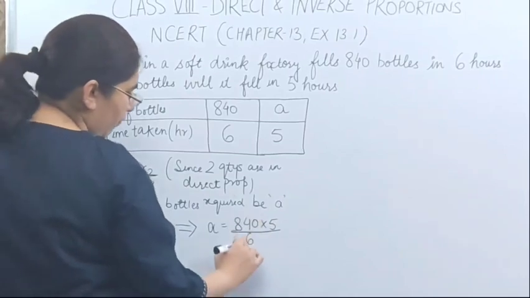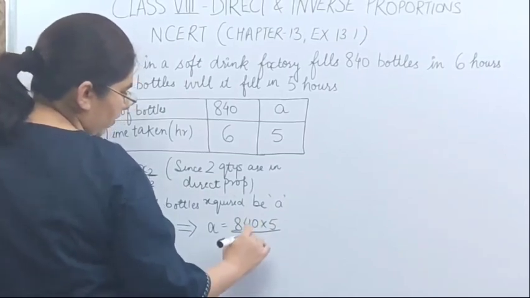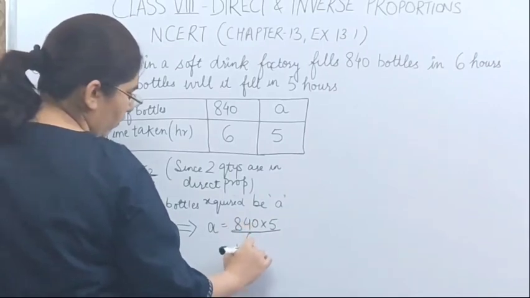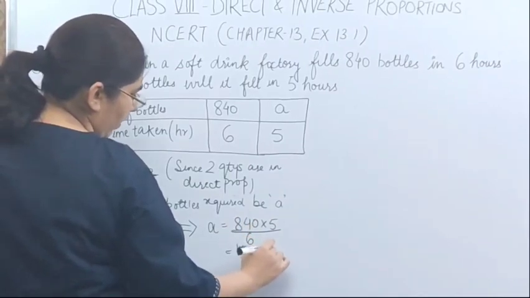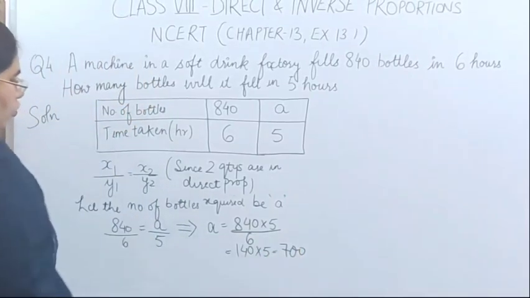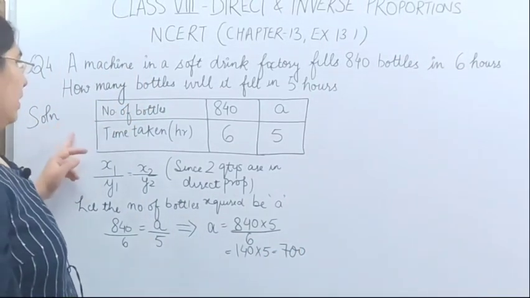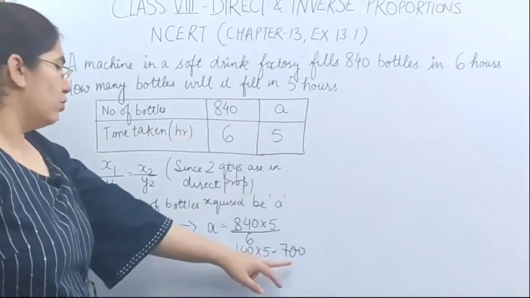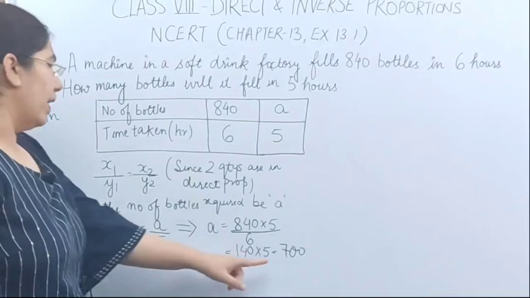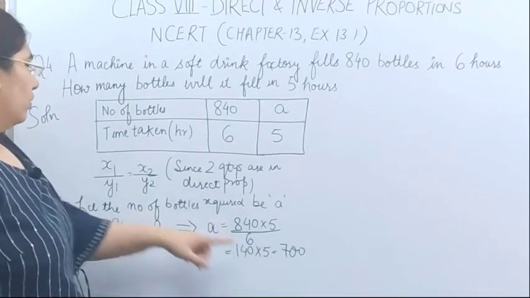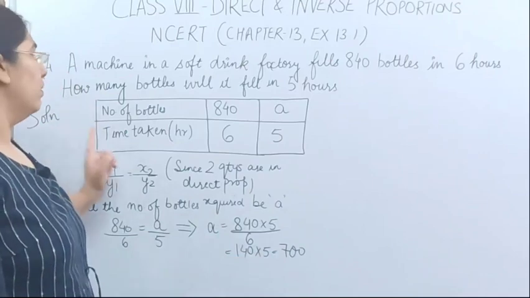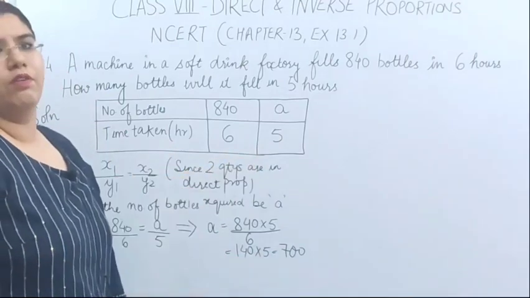So when you simplify it, you get 6 ones are 6, 140 into 5, that is equal to 700. So we say that A equals 700, which means that the factory will be able to fill 700 bottles in a time period of 5 hours.